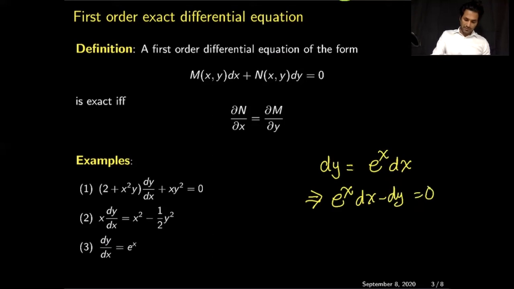Now I will calculate the partial derivative of this term with respect to y. It is going to give me 0. And the partial derivative of the coefficient of dy, which is only negative 1, with respect to x is equal to 0. So 0 is equal to 0. So this differential equation is also an exact differential equation.